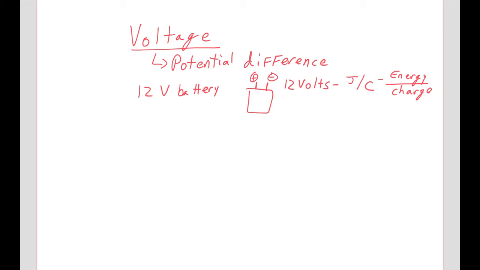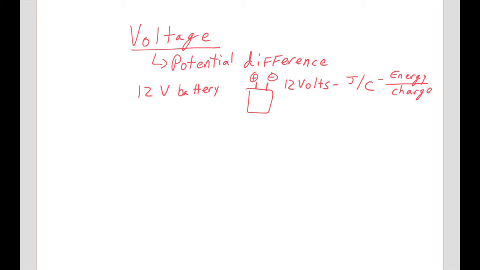So 12 volts is 12 joules of energy per charge. And since we're talking about potential difference, it would be 12 joules of potential energy divided by the charge. Normally, we base that on 1 coulomb, so 12 joules per 1 coulomb of charge.